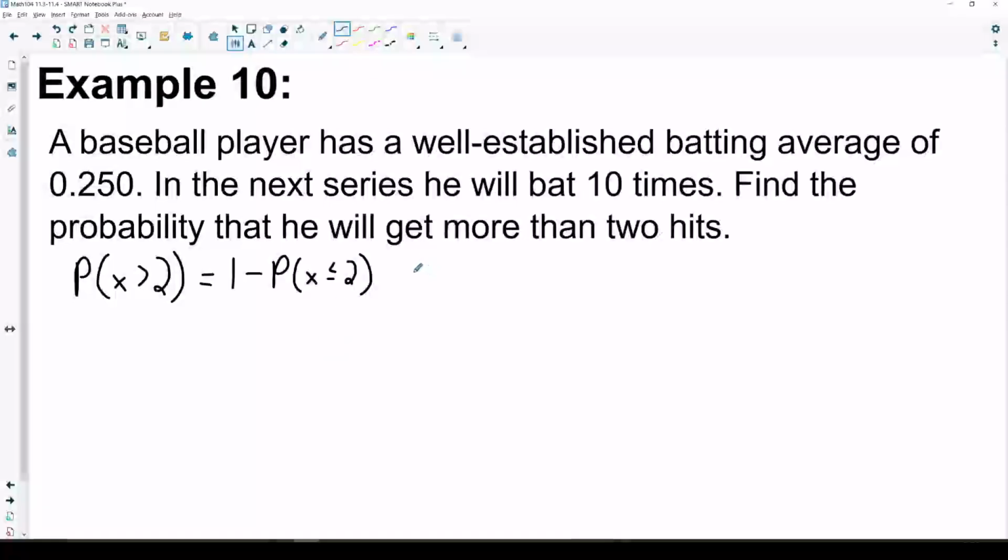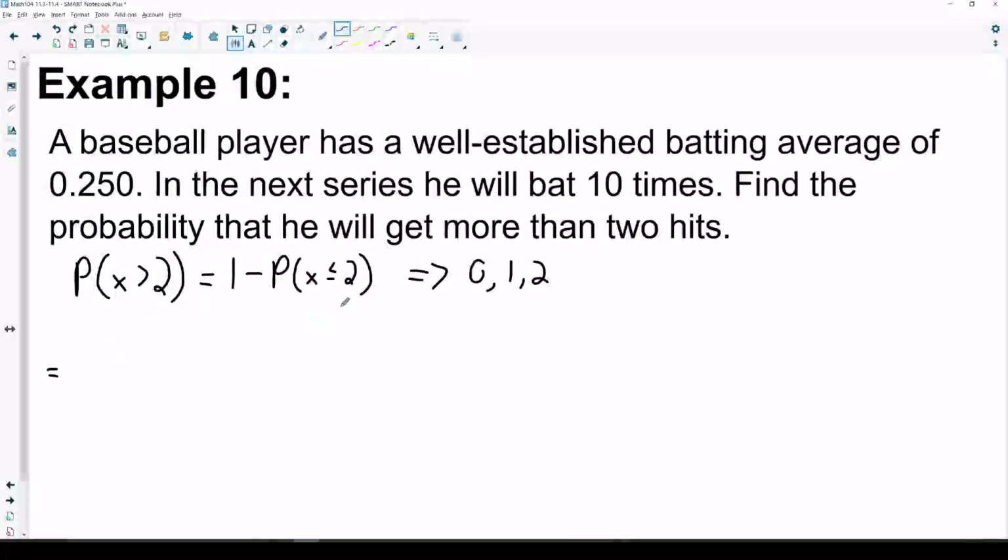Meaning I really only have to calculate the values for 0, 1, and 2. Because if I find the probability of getting 2 or less hits and subtract from the probability of getting all of them, that'll leave me with everything greater than 2. So let's go ahead and calculate it all out.